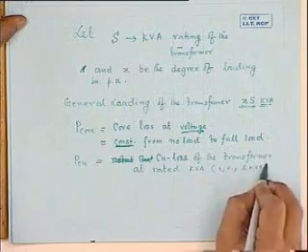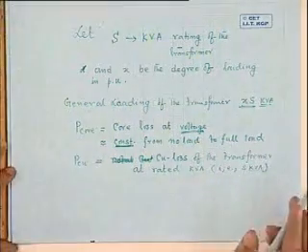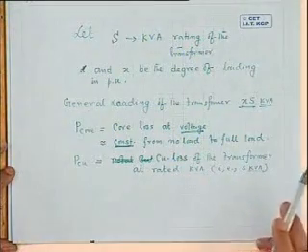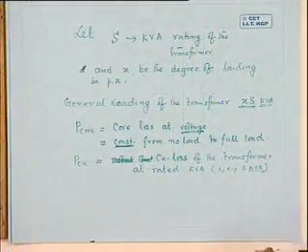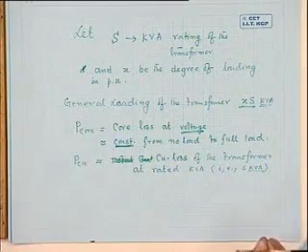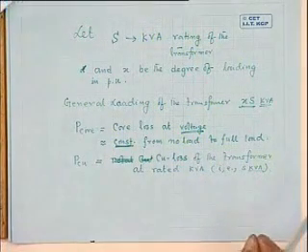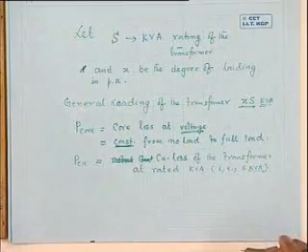That is, when the transformer operates at S kVA. P core is the constant core loss, remains constant.